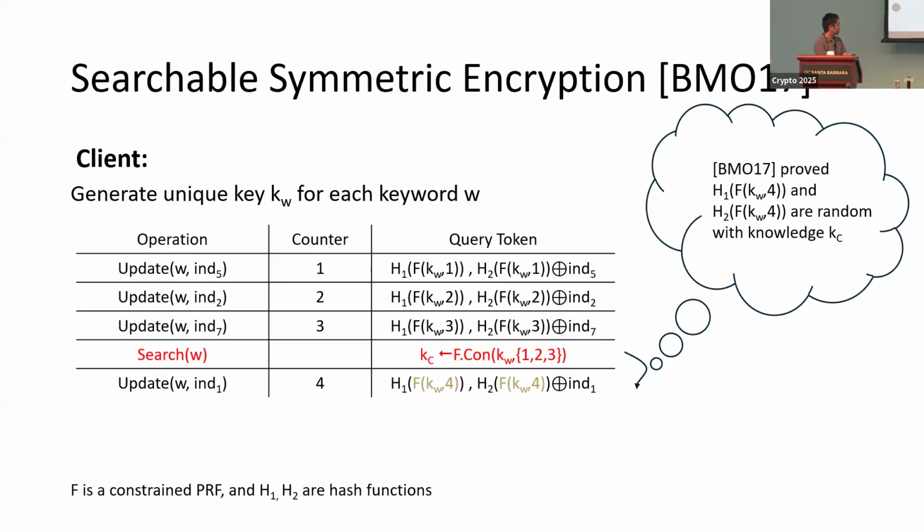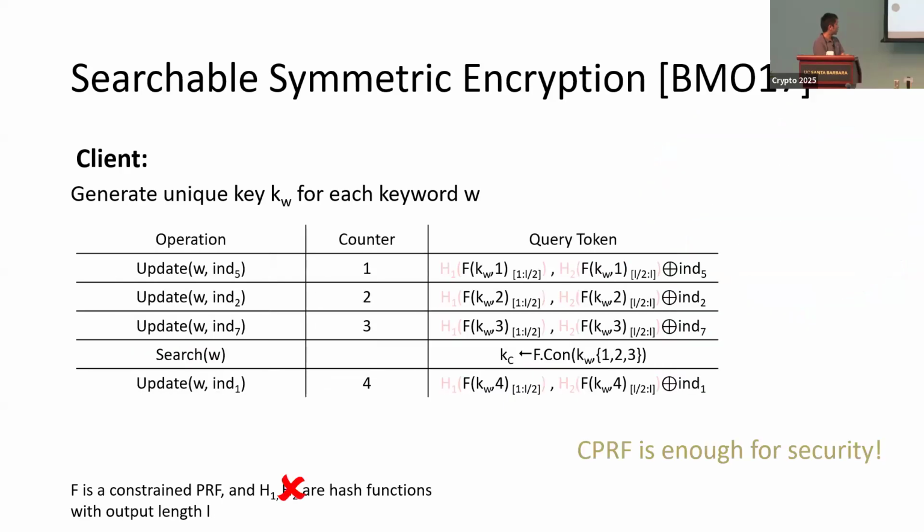However, we ask the question of whether these hash functions are necessary, because intuitively a constrained PRF should already give you such a guarantee. But the catch is that their simulator runs into a similar commitment case that we just talked about. The simulator needs to generate update tokens, but it does not know what they contain.